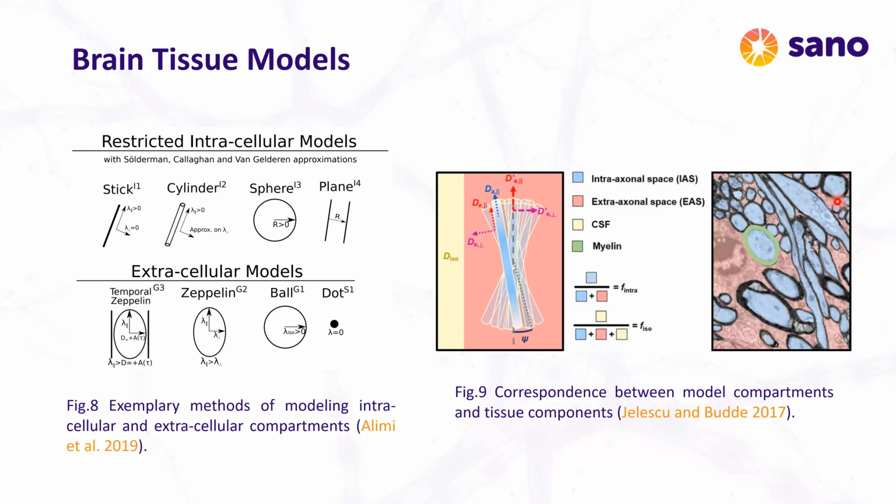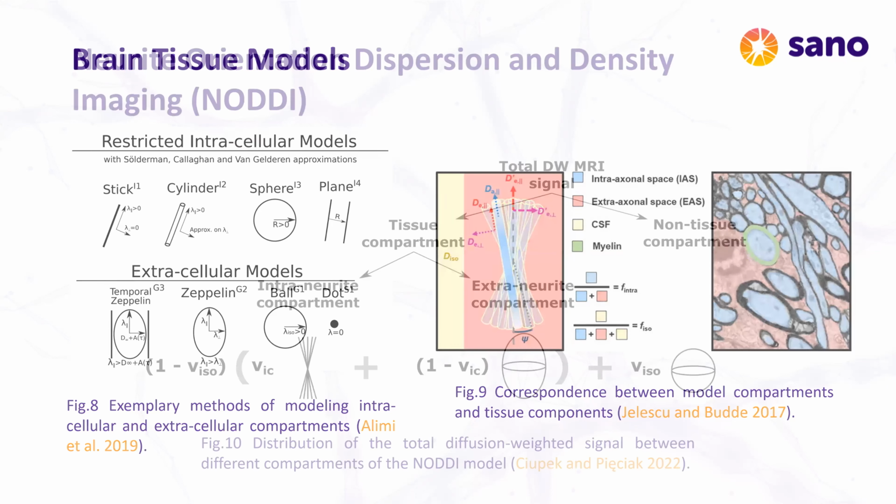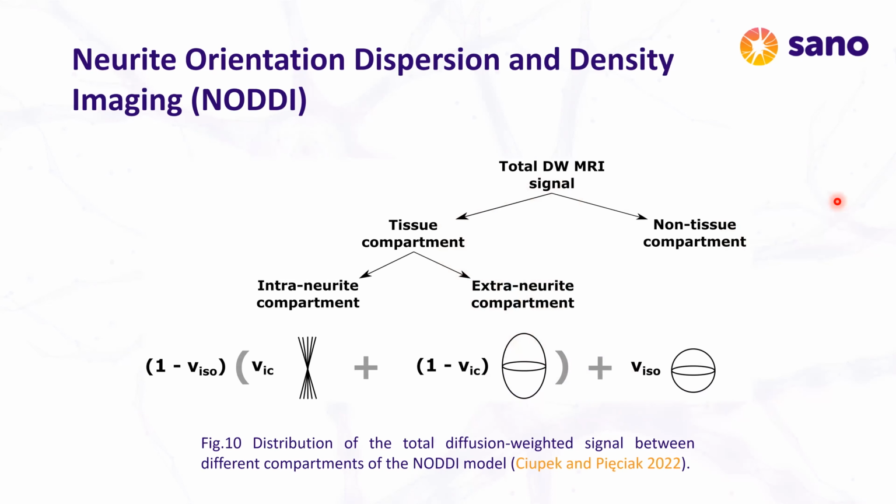The most important part of modeling the brain tissue is determining which microstructural features are relevant to the voxel average diffusion-weighted signal and should be represented in the model, and which ones can be omitted without compromising the accuracy. And the first example of multi-compartment models is Neurite Orientation Dispersion and Density Imaging.